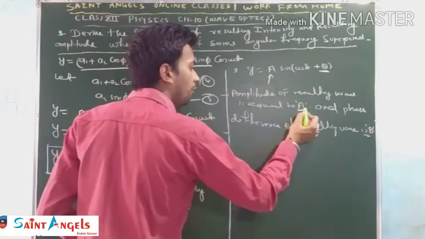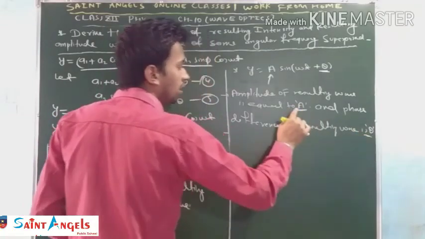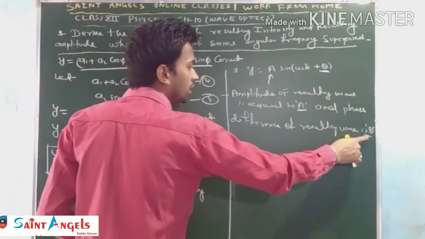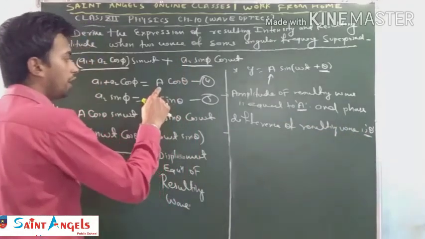Student, the values of a and theta, that is resulting amplitude and resulting phase, are calculated by these two equations.